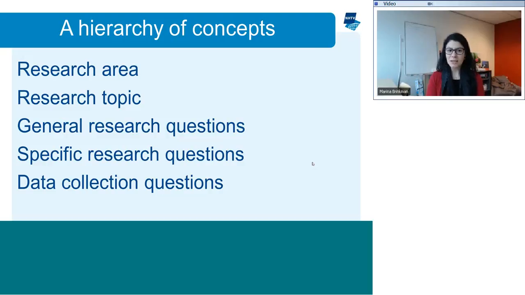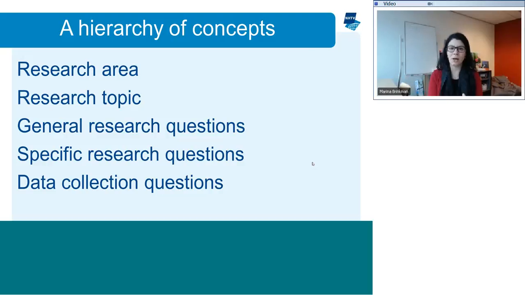Same goes for you having a research area, so being able to situate your project within the field of marketing, or within the field of organizational behavior, or within the field of strategic management, or within the field of real estate management.